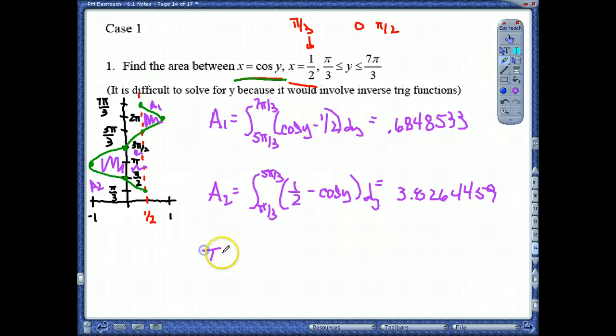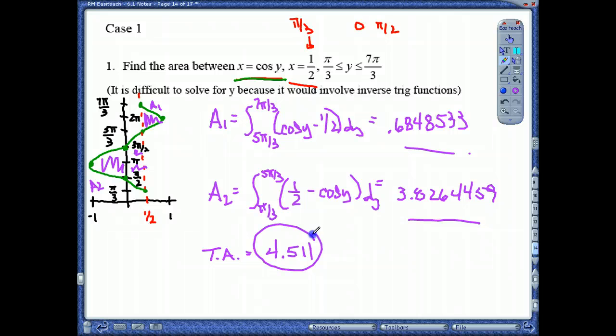So don't forget to find that total area, which is the addition of them both, their sum, and don't forget to now round to 3 decimal places. Don't round up here, don't round here, only round here, okay? So this one we could have solved for y, but geez, it would have been difficult.